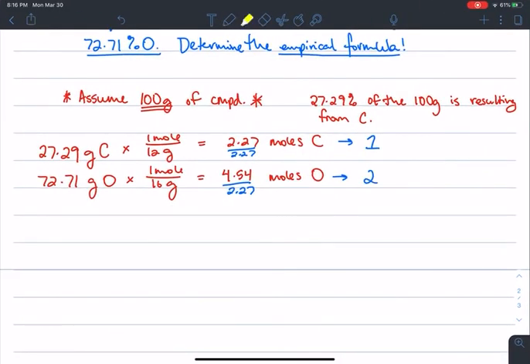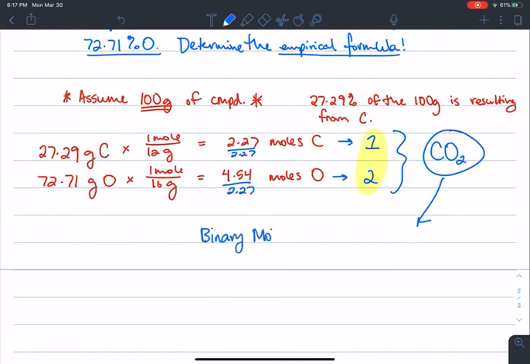And so we use these values to write our empirical formula. So we have C1O2, CO2. This is an example of a binary molecular compound, and it has a name of carbon dioxide. The 2 would be dioxide.